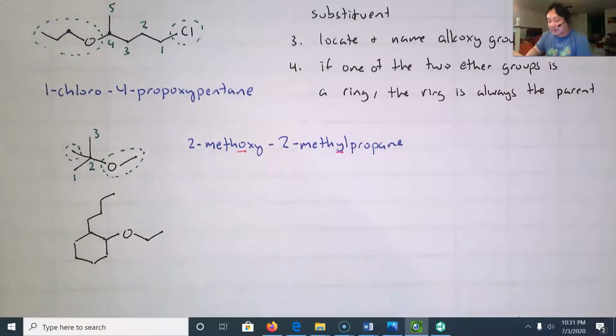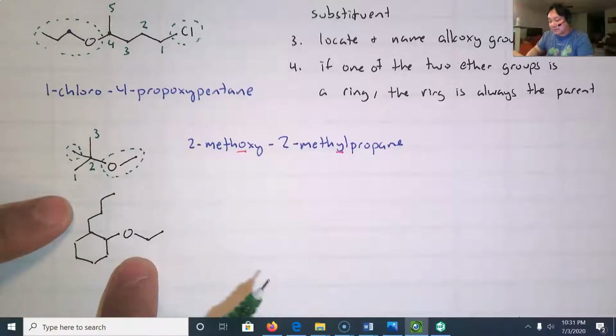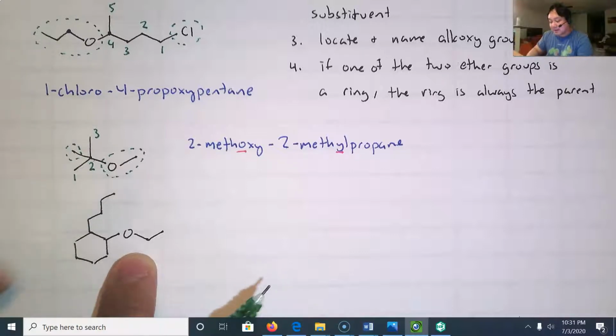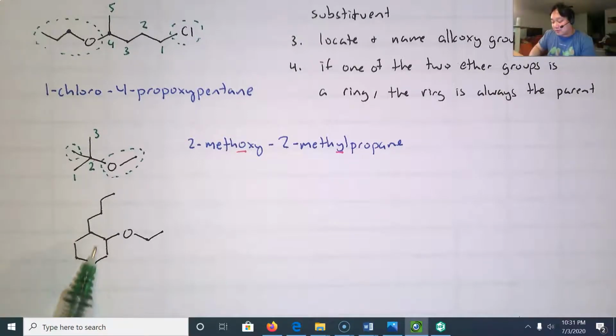The ring is always the parent, and now we have to number the ring. But these two groups, the propoxy and the butyl, they have equal importance. And we could number it 1, 2 or 1, 2. So either way, we get a substituent on carbon number 1 and carbon number 2. Therefore, it's a tie. Okay, we have two ways to number it.